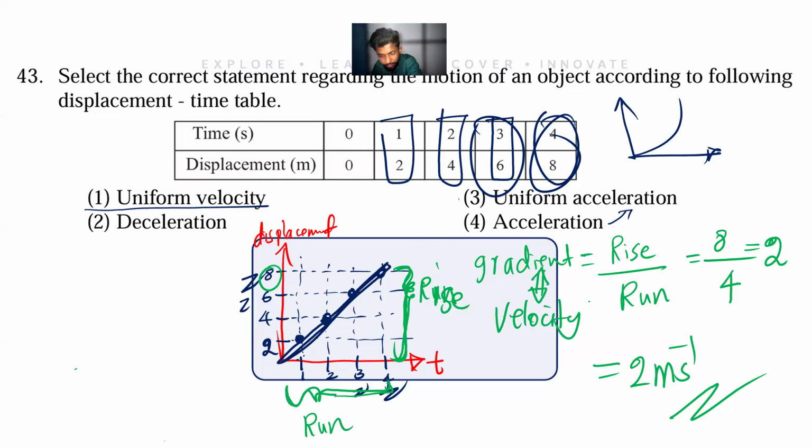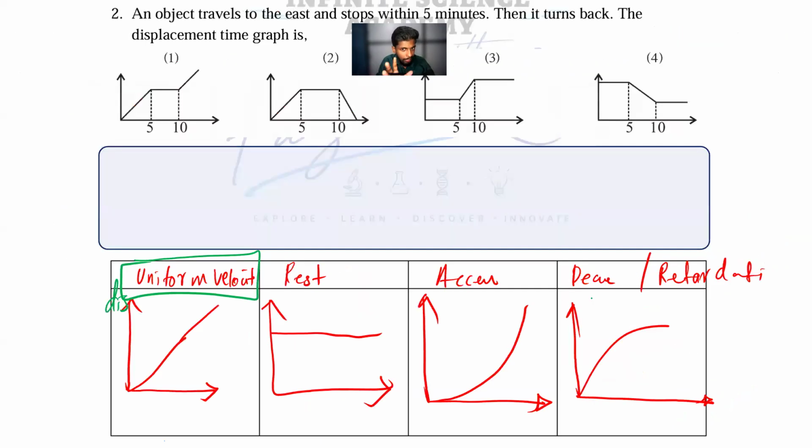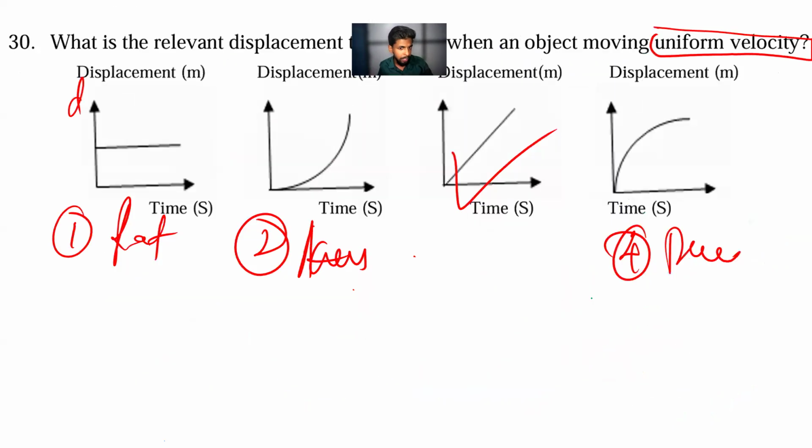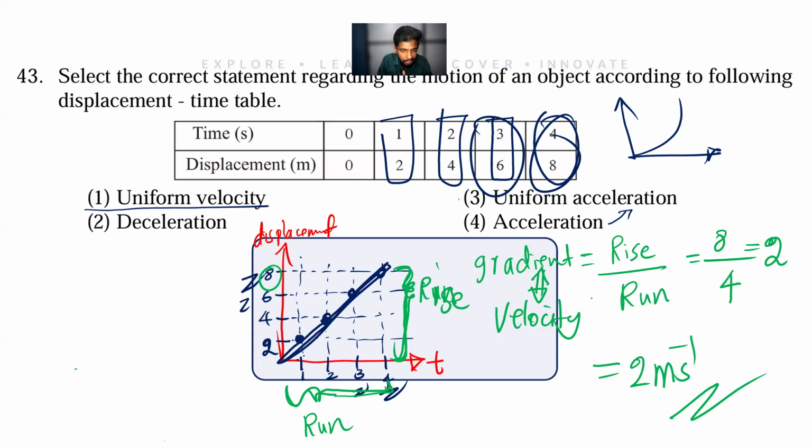But in the velocity time graph, the story will be different. I will discuss that part in a different question in the next class. Don't worry. Today, displacement time graph. Earlier, we had discussed the types of displacement time graph. Now, the gradient and the velocity and all those things.